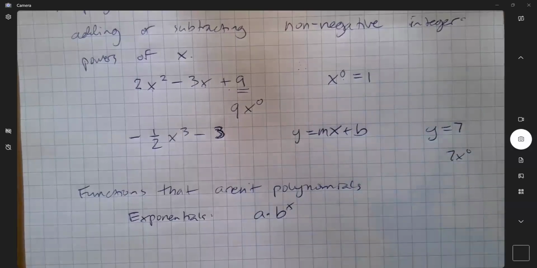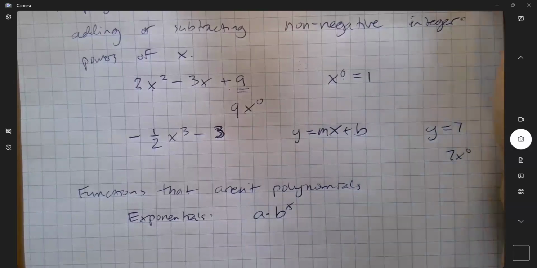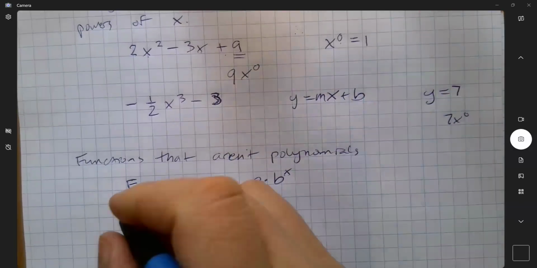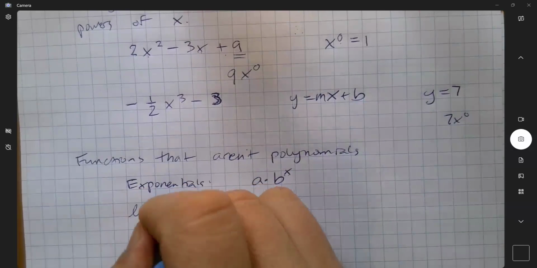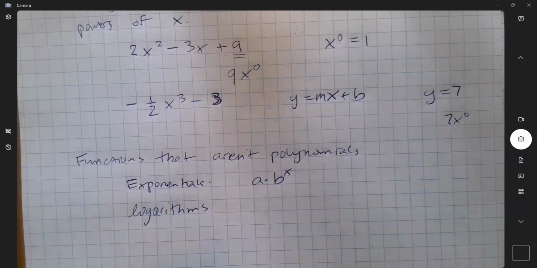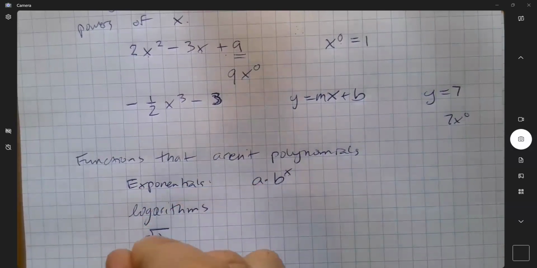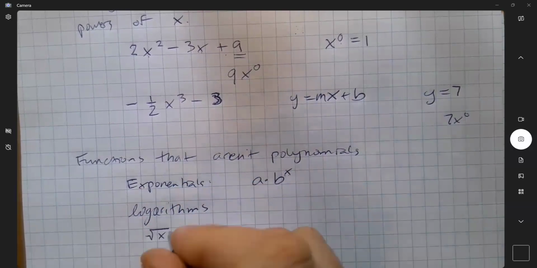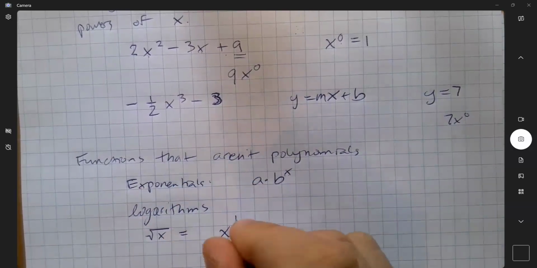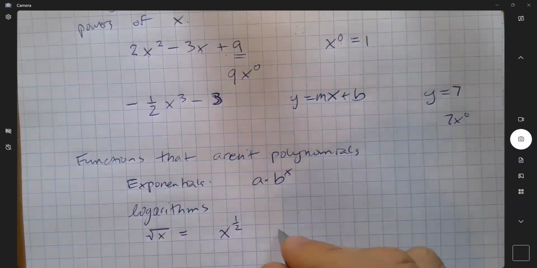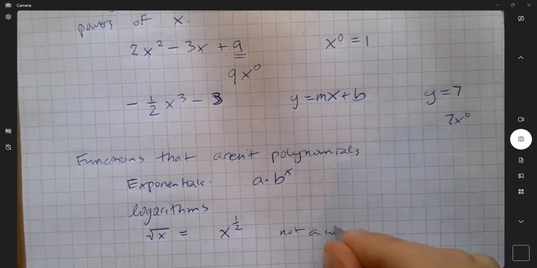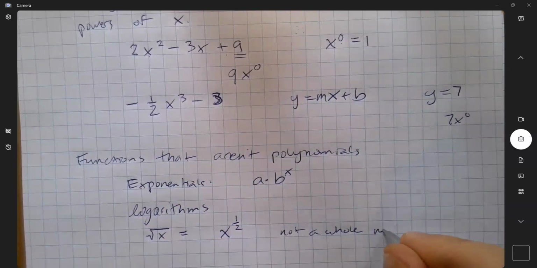It is not a power of x. Logarithms are not polynomials. The square root function is not a polynomial. I can write that as x to a power, but notice that power is a fraction. It's not a whole number, so it's not a polynomial.